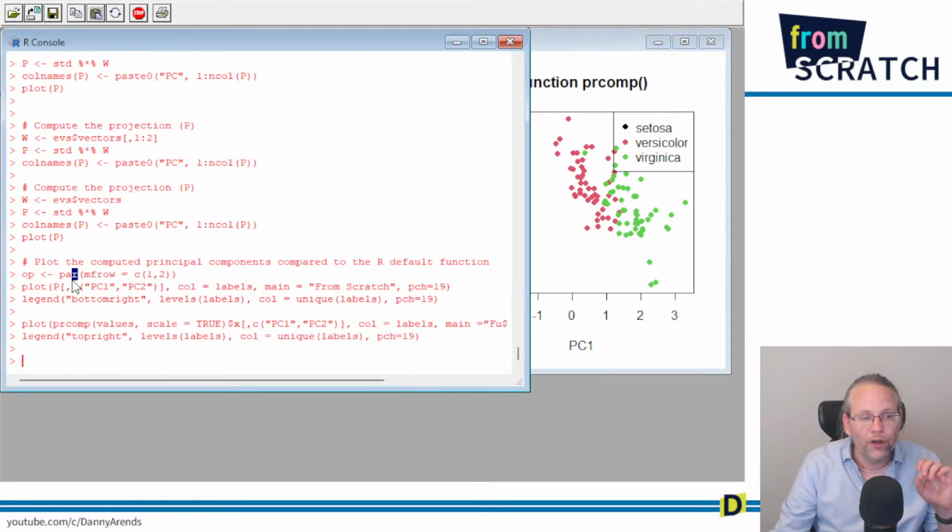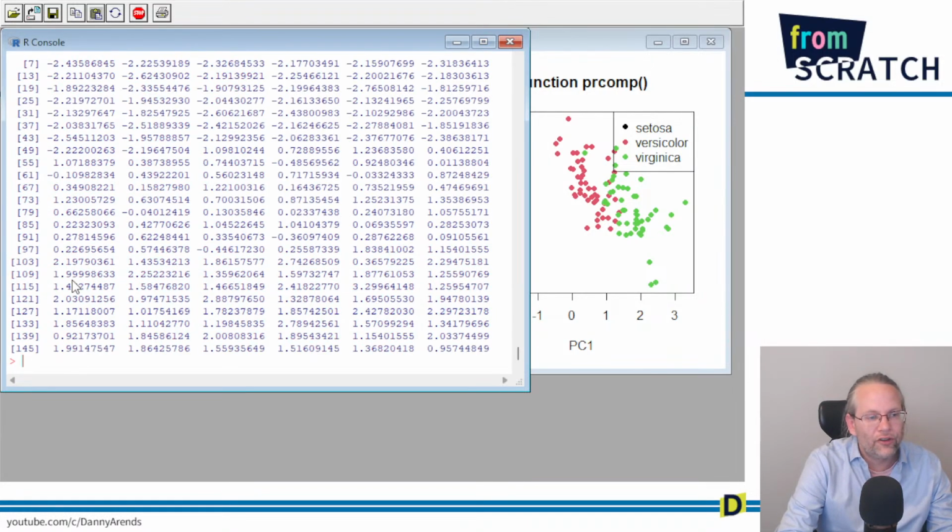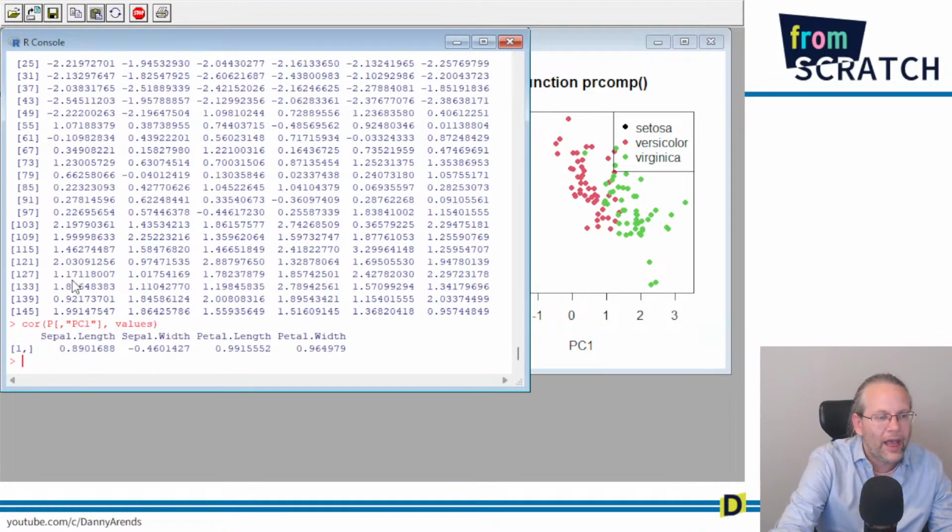So very basically, if we have our matrix P, and we look at PC1, these are our values. So if I correlate this to the original values that we had, you can see that petal length and petal width are highly loaded on the first principal component, as well as sepal length, right?